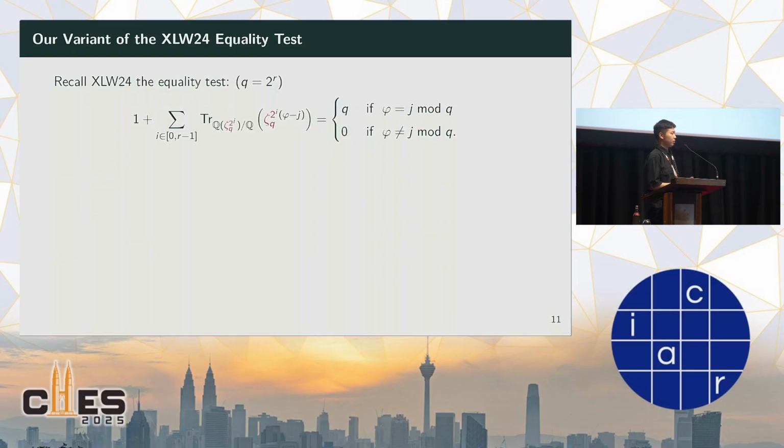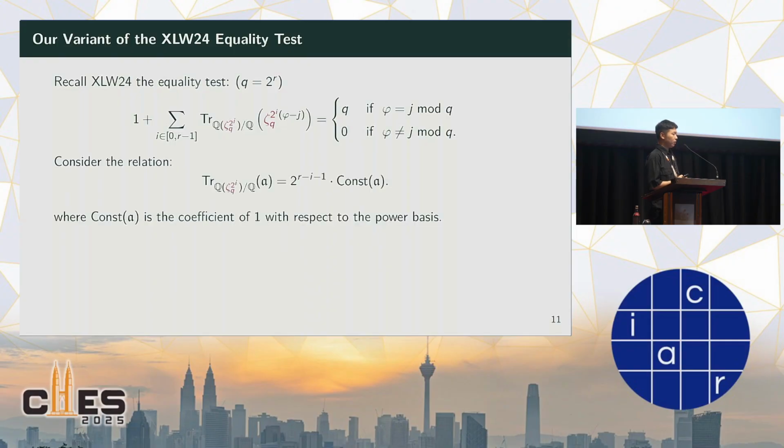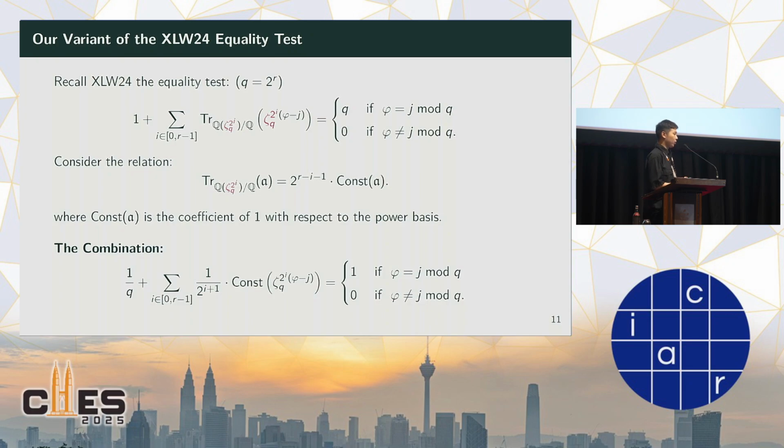So our solution is to propose a new variant of the original equality test. The key factor we use is quite simple. It's just a relation between the trace and the constant term extraction over power-of-2 cyclotomics. If we combine these two equations, we get a new equality test that is based solely on the constant sample extraction. So this is our equality test.